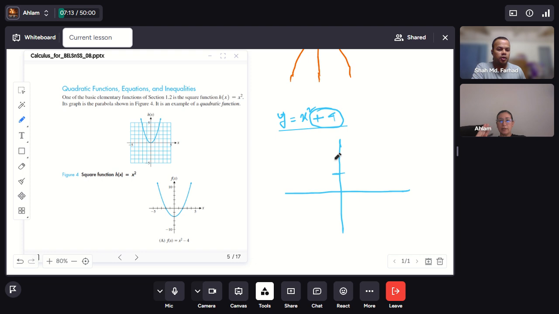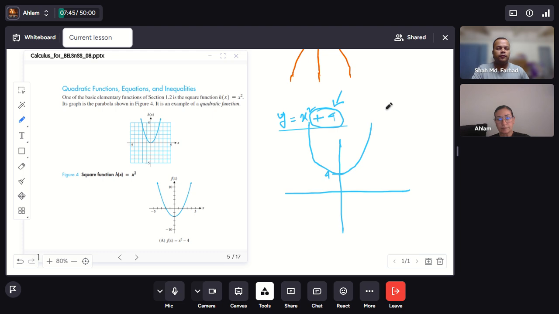That means there will be a vertical shift, right? It will start from 4. If you consider this one as 4, the function will be just like this.